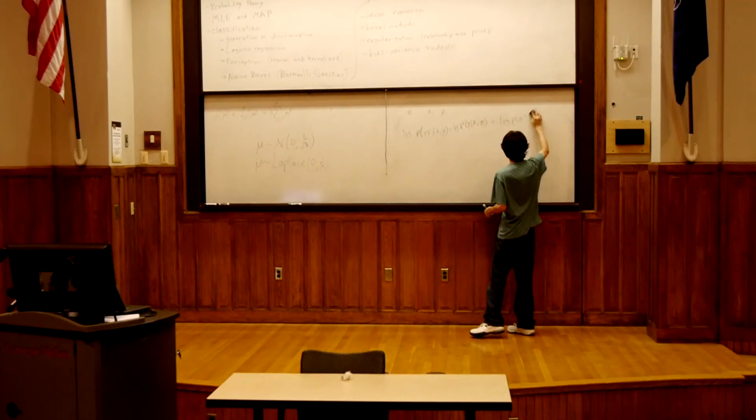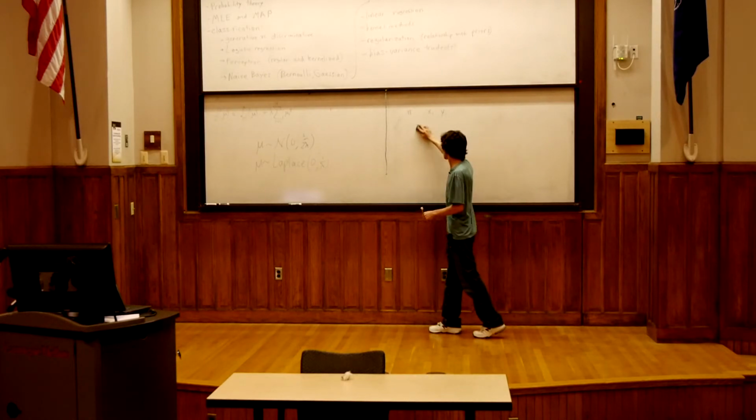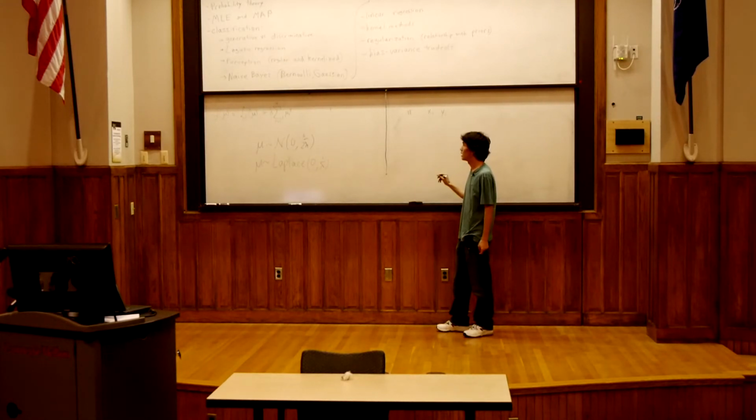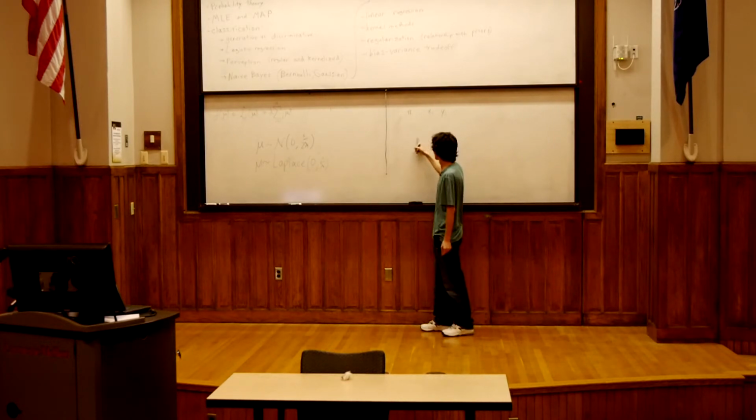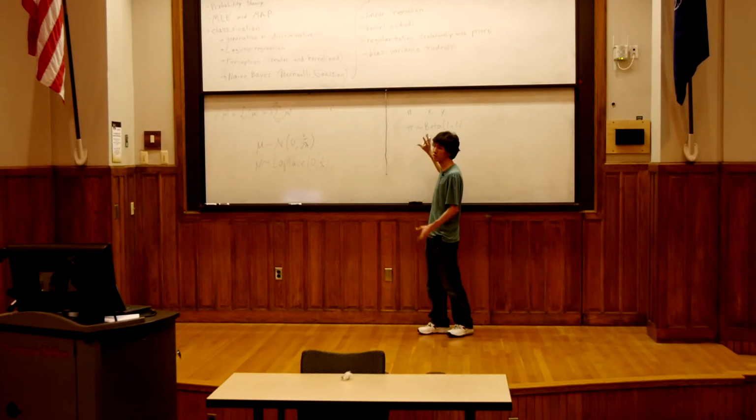And then we'll use this as an example. Let's say I pick pi from some beta distribution, I don't know, 1, 1. Right, beta is just some distribution such that pi is between 0 and 1, right?